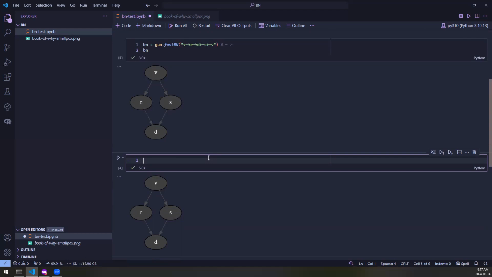Our initial CPT is the vaccine CPT, related to the variable V, as we discussed. We call our Bayesian network, our BN that we created over here, BN dot CPT, and the variable we want to set.